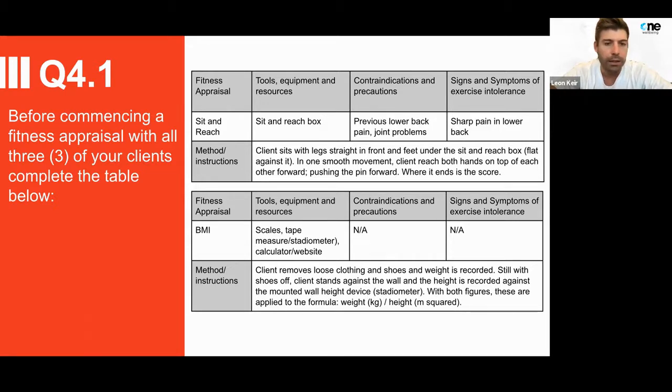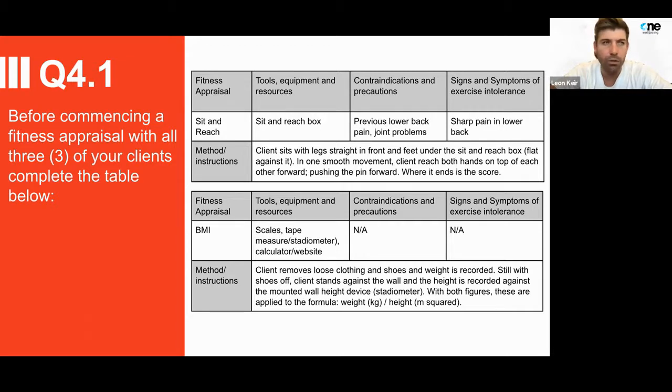Now, for clients who are athletes with a lot of muscle mass, BMI is an irrelevant test because it just doesn't work. A BMI test is more for our general population clients to give them an indication of where they sit. But if you've got a lot of muscle mass, obviously muscle weighs more than fat.